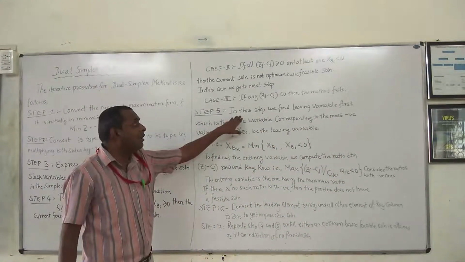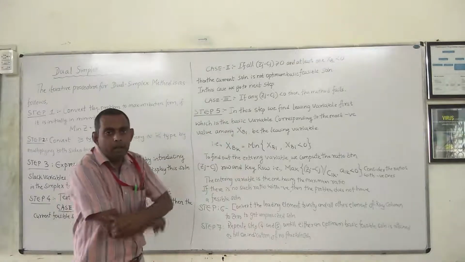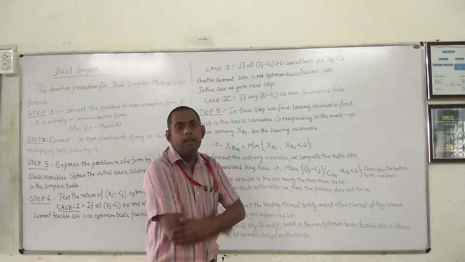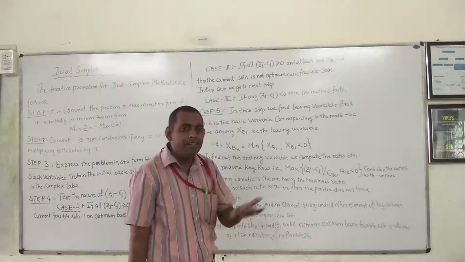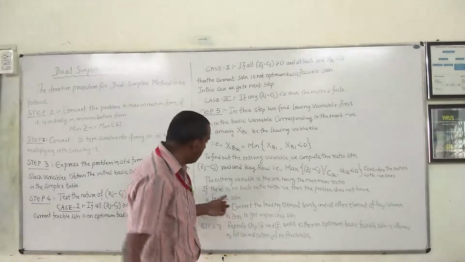Once we got the leaving variable and the entering variable, we got the key element. Once we got the key element, we are supposed to go for the next simplex table. So put down the values of the next simplex table.